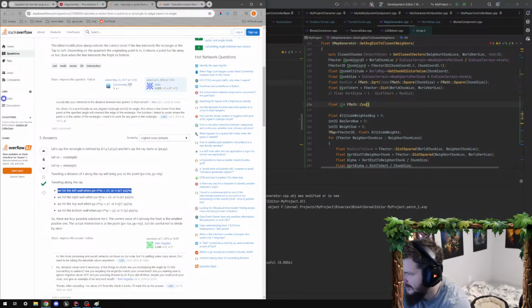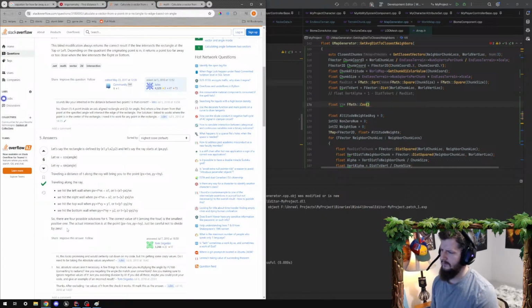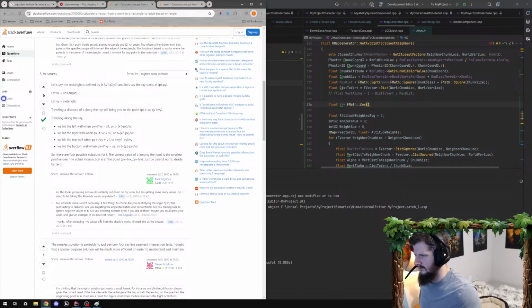We hit the left wall when that happens, we hit the right wall when... the correct value of t is the smallest positive one. Oh my god, dude, this is so mathy.